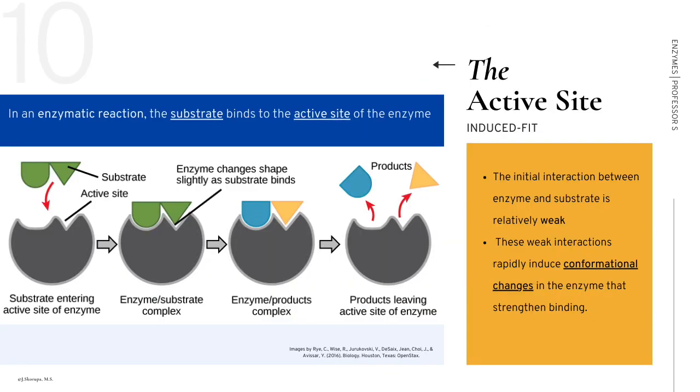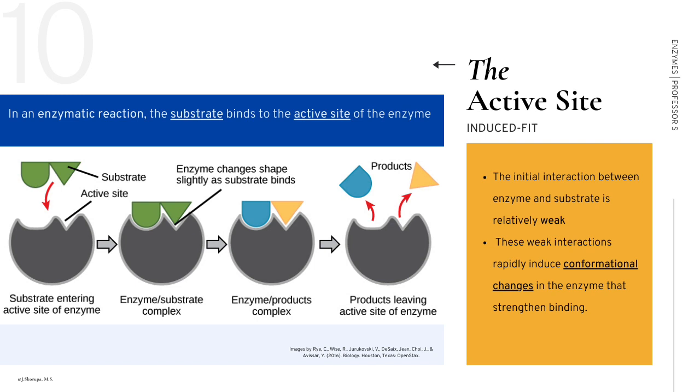To understand how an enzyme works, we have to focus on the active site, because this is where catalysis occurs. In an enzymatic reaction, a substrate binds to the active site of the enzyme. There are a few theories for how this happens. The first is the induced fit model.